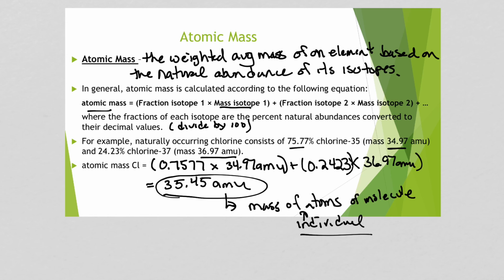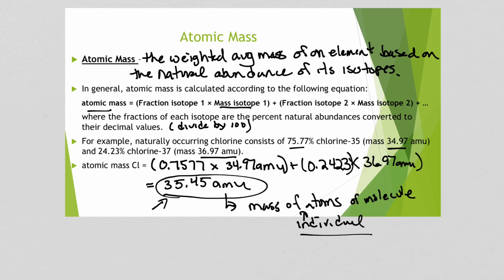And one last interesting thing to think about is that there is no atom in a sample of chlorine that actually has this mass. They all either have a mass of 34.97 or 36.97, but the only way that we can really deal with it is to look at it as an average, because we're not going to be dealing with individual atoms.